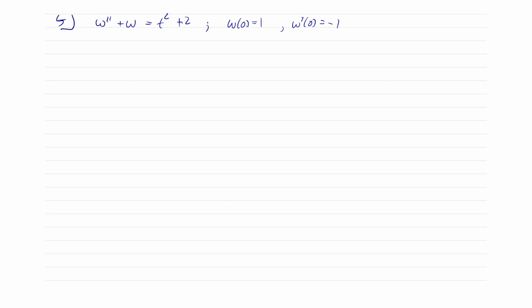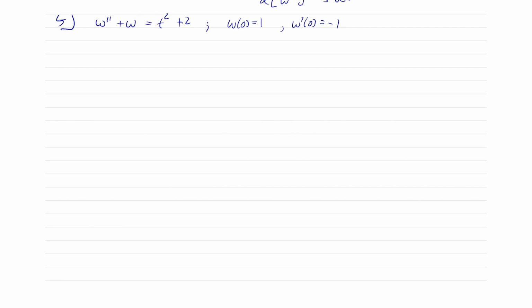All right, so remember, the Laplace transform of w double prime is s squared times big W of s minus s times w of 0 minus w prime of 0, right?